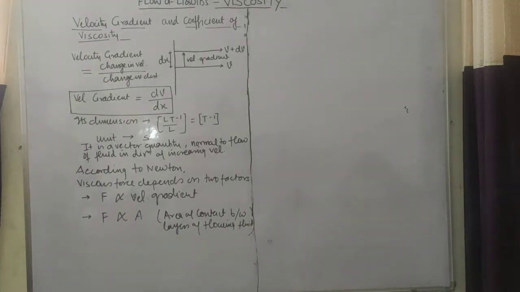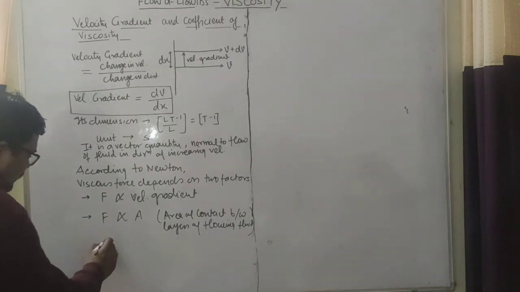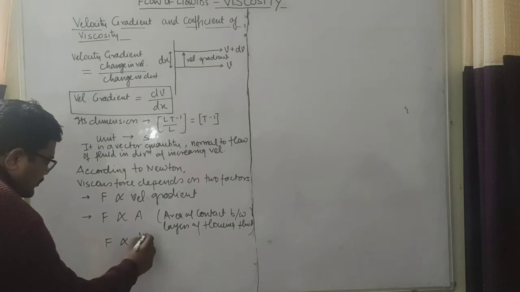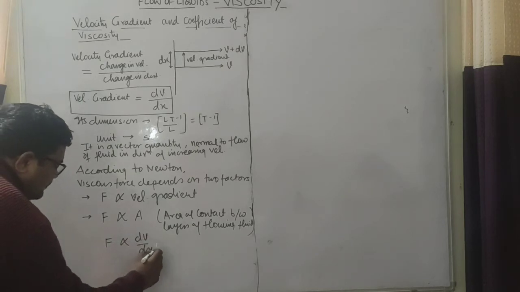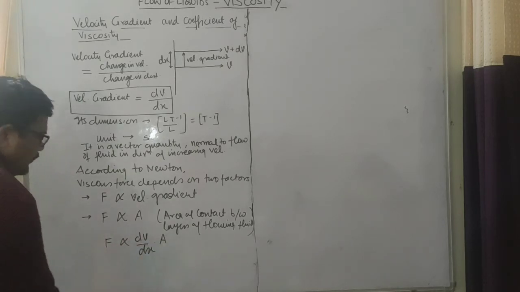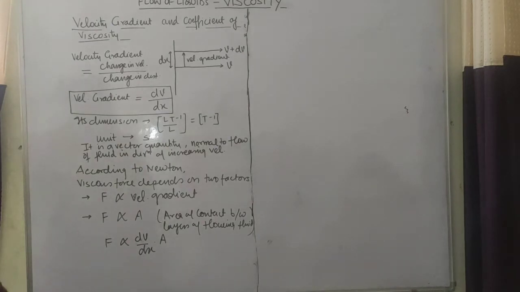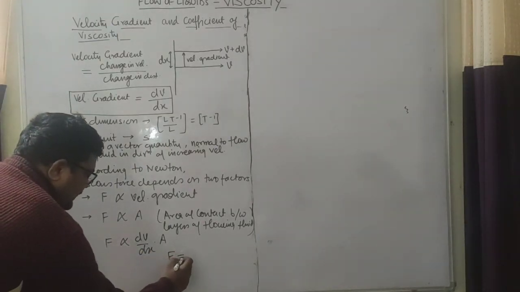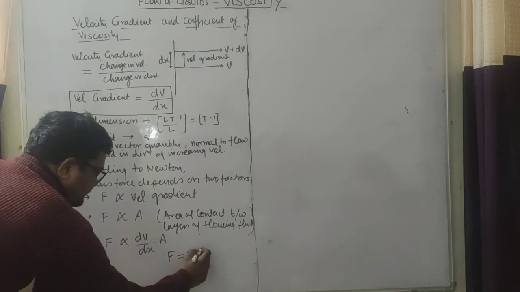So be careful. In solids there is friction which never depends on area of contact, but in liquid viscous force depends on area of contact. Now combining these two, viscous force is given as velocity gradient into area. Now removing the proportionality constant, you are going to get a constant eta.